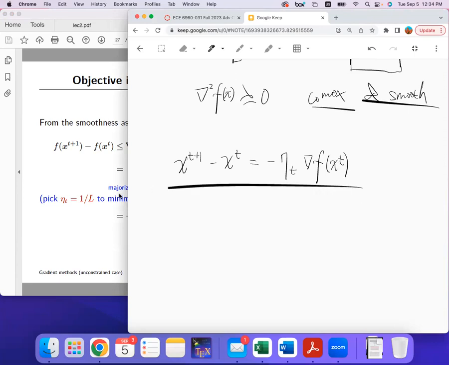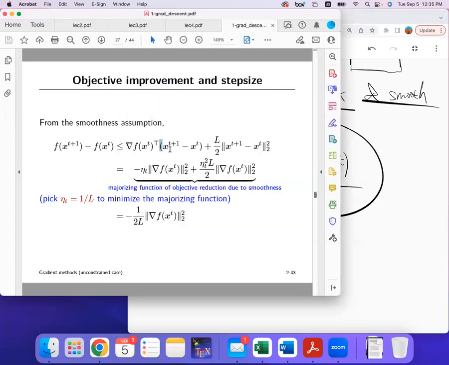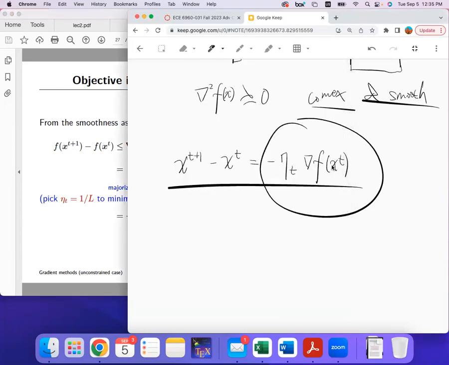This is the gradient descent update rule. The increment is the negative gradient multiplied by a step size eta. So you plug this increment into the right hand side. This guy becomes this negative gradient thing.